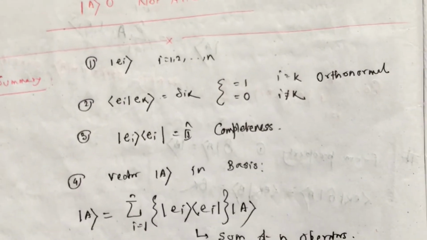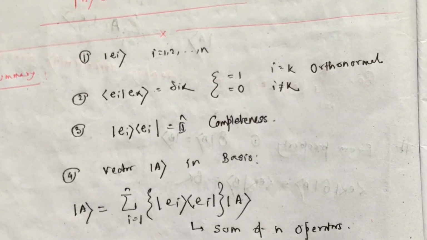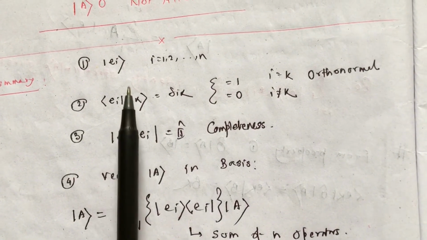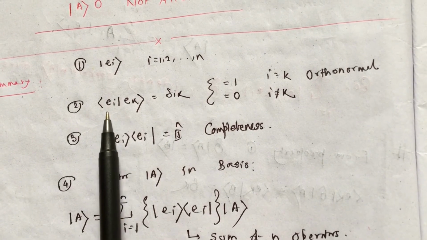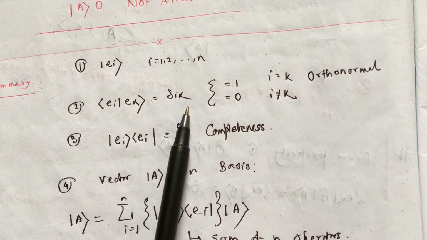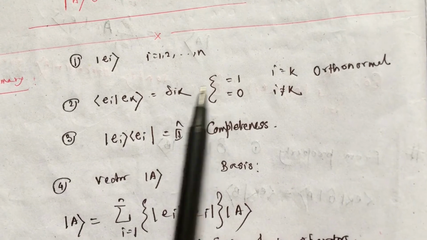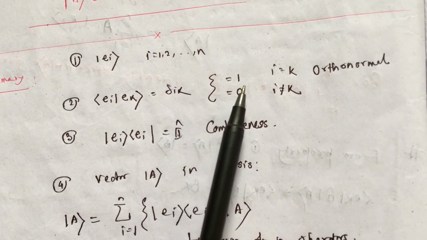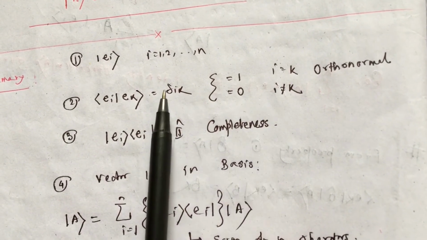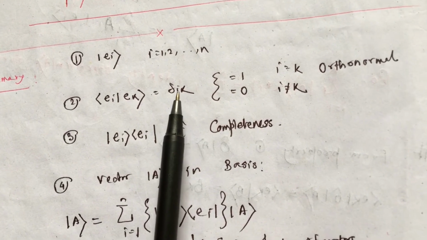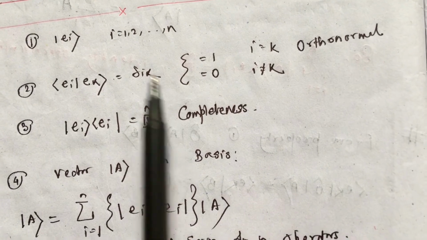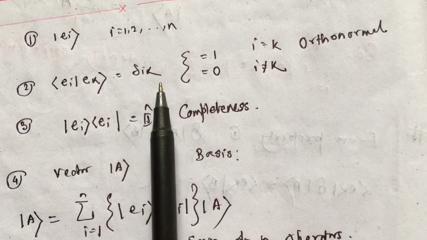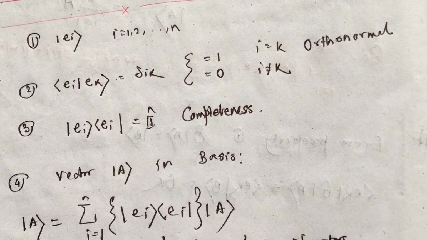So what we have learned so far is we have learnt about the basis vectors. We have learnt about the orthonormality property of the basis vectors. If I put delta ik when i equals k, that means delta ik equals 1, that is the orthonormality condition. And if I put i not equal to k, delta ik will give me 0, that is the orthogonality condition.